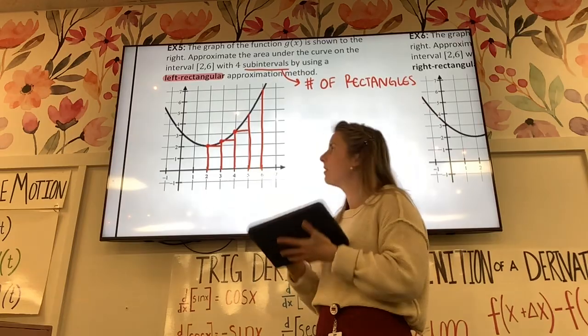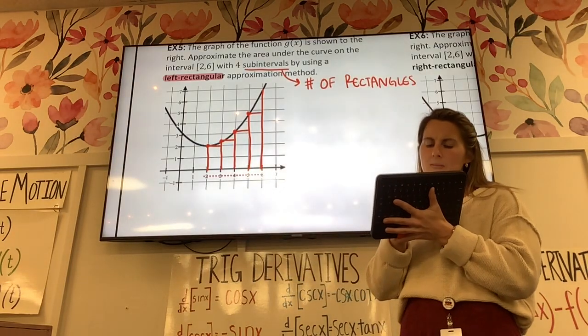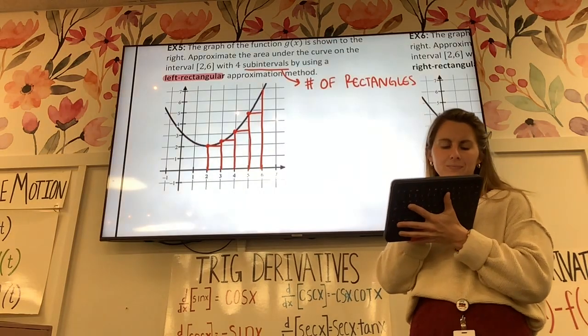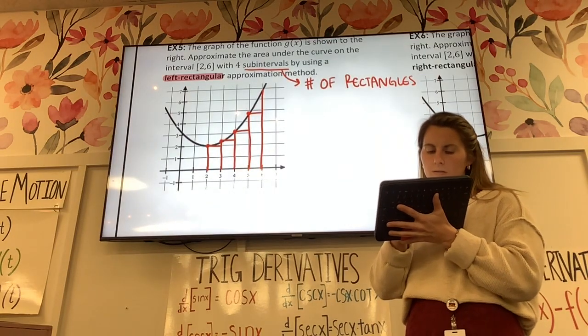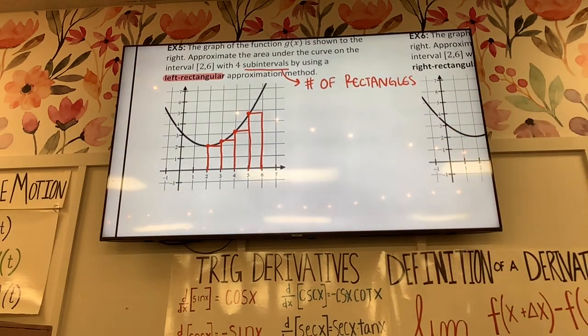This one is going to be about that high. And this one is going to be about that high. If I total up the area of these rectangles, it would give me an approximation of the area under the curve.